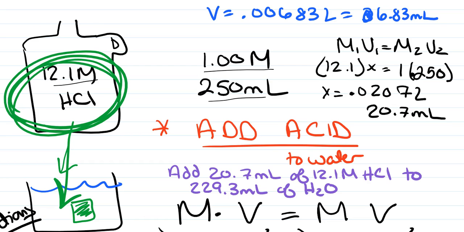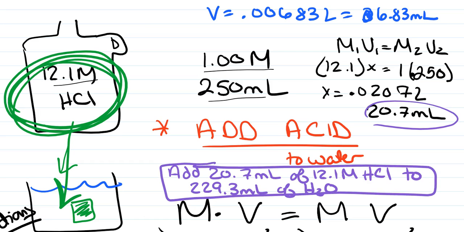Where did that 229.3 come from? 250 minus the 20.7, right? Because our total volume of the new solution needs to be 250 milliliters. And in everything we're doing, we're assuming our volumes are additive. Everything can add straight up. So if they're asking for a calculation, you use this. If they're asking for a descriptor, right, add 20.7 milliliters of acid to 229.3 milliliters of water.